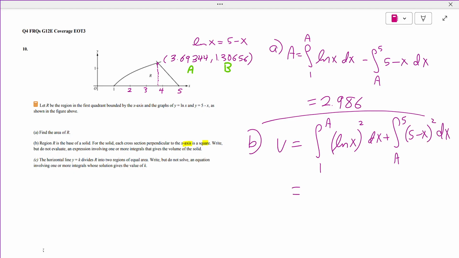And we don't need to evaluate, we just need to set up the integral.